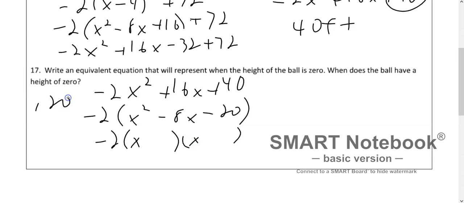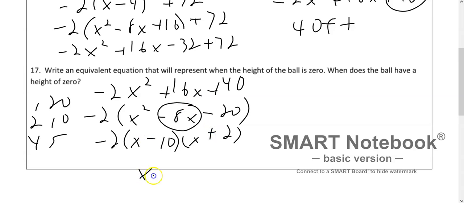So 1 and 20, 2 and 10, 4 and 5. That's going to be 10 and 2. Now, we want more negatives left over than positives. So that gives me x equals 10 and x equals negative 2. We cannot have a negative time, so that means in 10 seconds it will hit the ground. And that is it for your review.